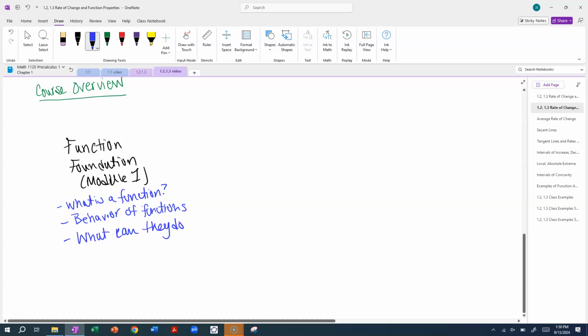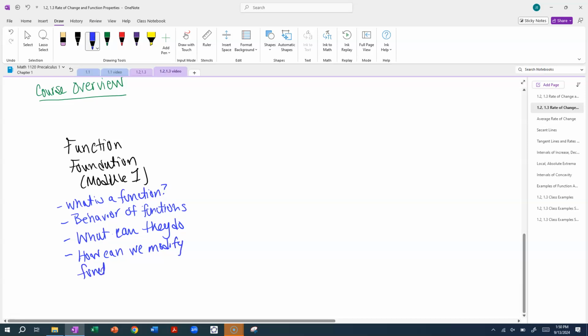We also look at different ways of using functions, and then how we can modify them.